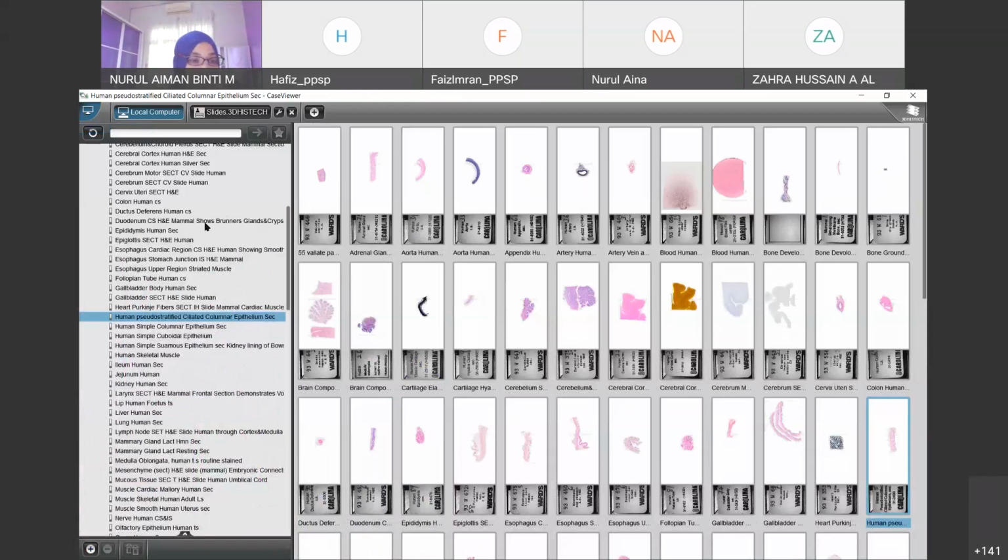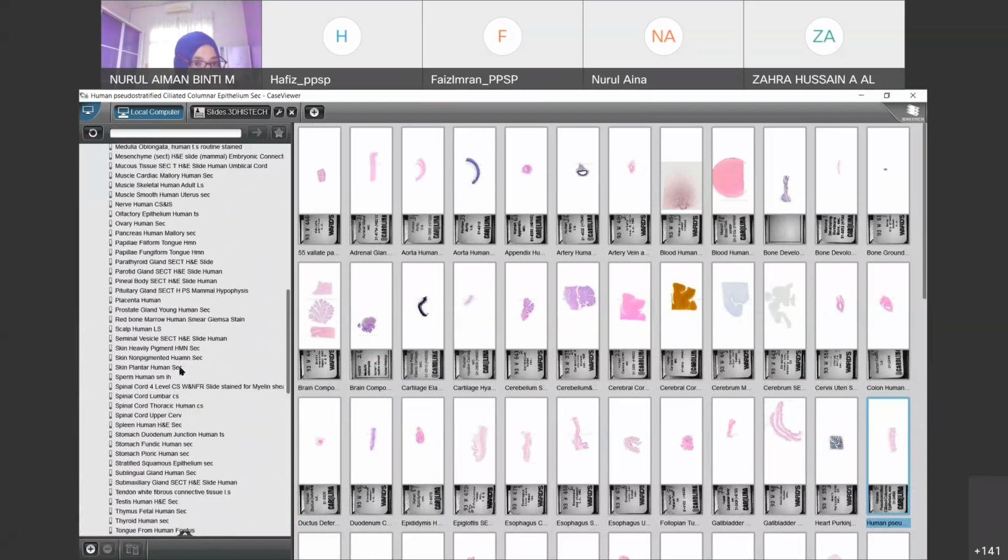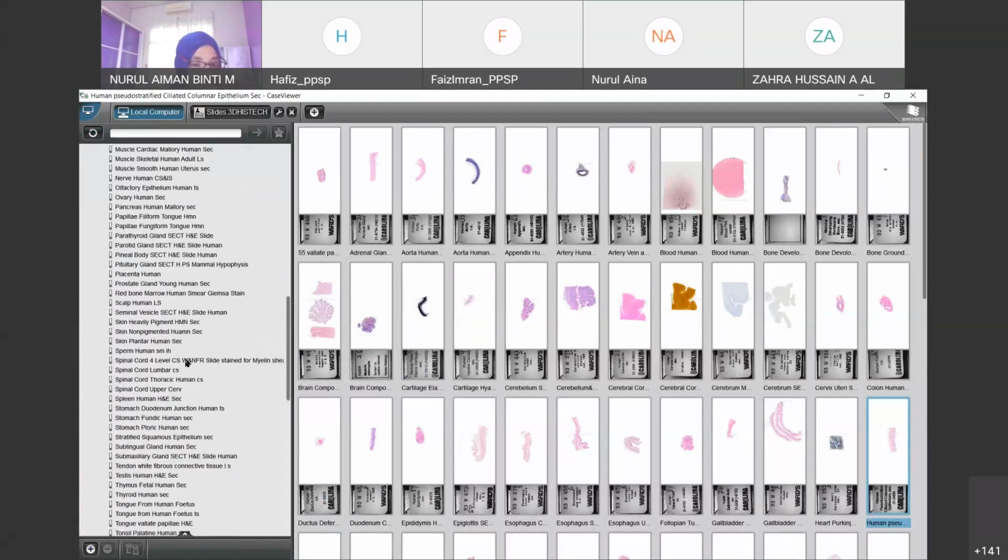What else do we need to see? Stratified cuboidal, stratified columnar. Stratified columnar is inside, where, in the stomach? Oh, we haven't looked at transitional yet, right? Let's look at transitional first.